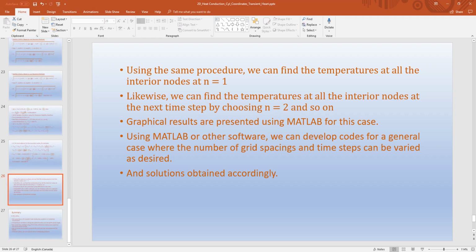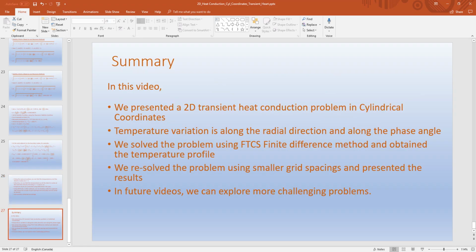To summarize, we presented a 2D transient heat conduction problem in cylindrical coordinates. The temperature variation is along the radial direction as well as along the phase angle. We followed here for the boundary the geometry of the heart, as we got from a heart equation.